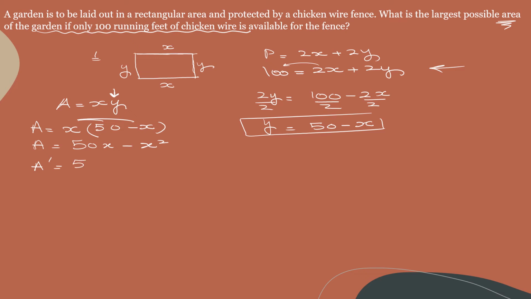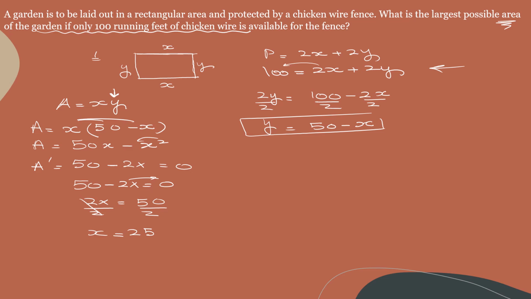So we will get 50 minus 2x, as the derivative of x squared is 2x. Set the equation equal to 0 in order to solve for x. So 50 minus 2x equals 0. Bring the 2x to the other side. We will get 2x equals 50. Divide both sides by 2 and we finally get x equals 25.